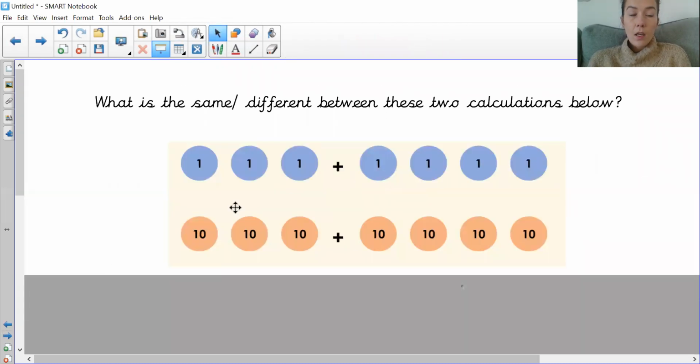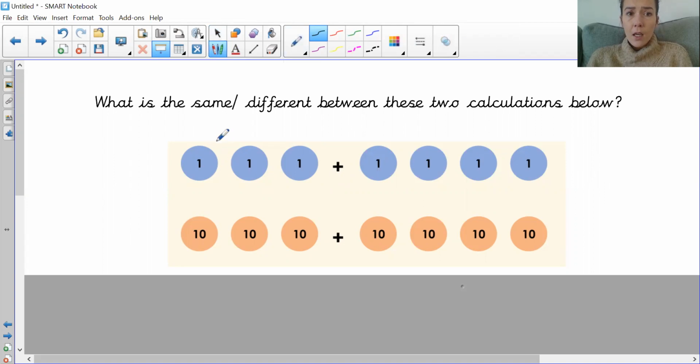Okie doke. What is the same and different about the two calculations below? We've got the place value counters here, and the addition symbol in the middle. It's asking us what's the same and what's different. If we change these to numbers, here we've got 3 and 4, and that equals 7.